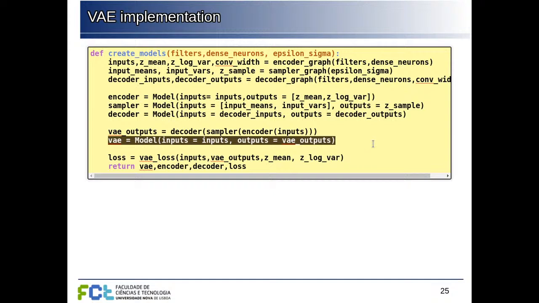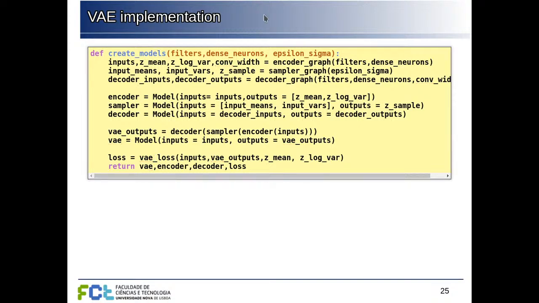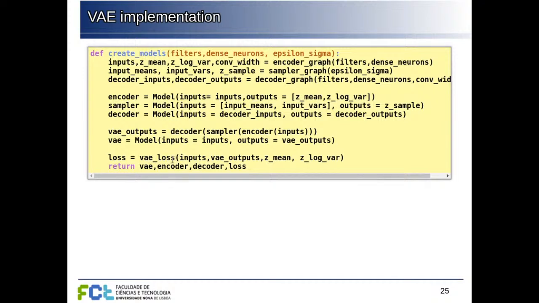And now we can create the variational autoencoder model just by using this graph that we created here, connecting the input tensor to the variational autoencoder output tensor. And now we create a model from that, which goes from those inputs to those outputs. We also need the loss function. So basically the loss function will be this function here applied to these tensors.